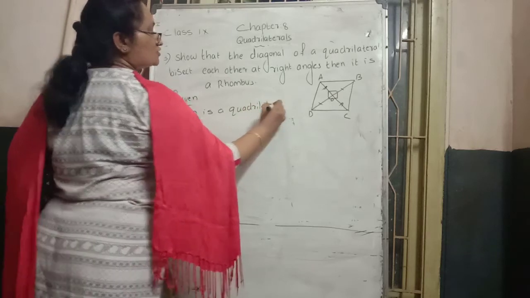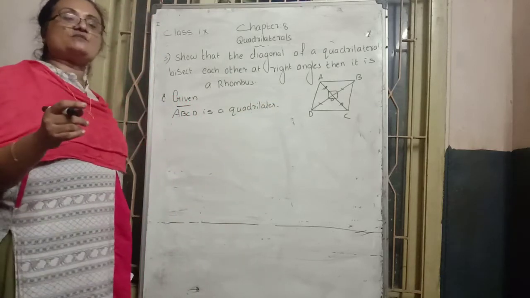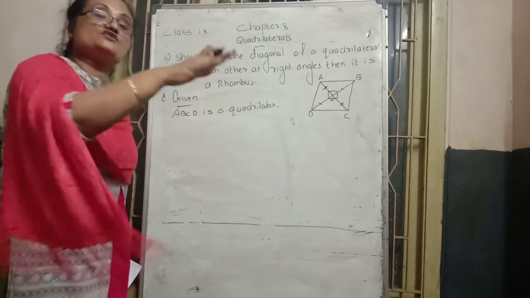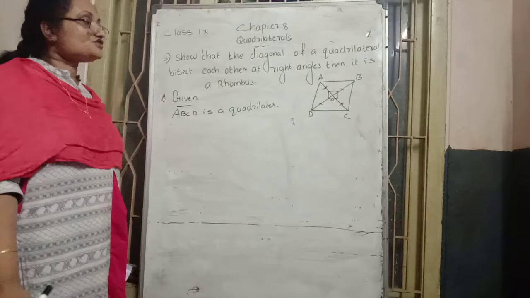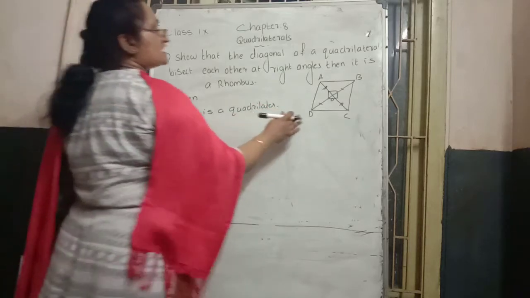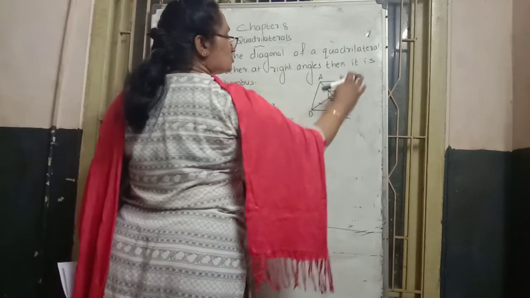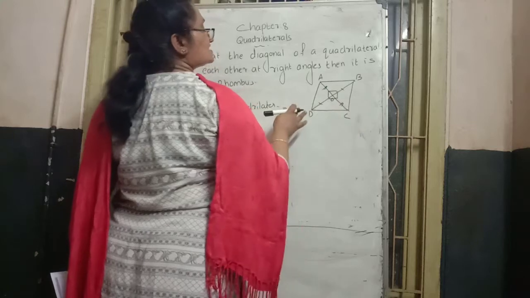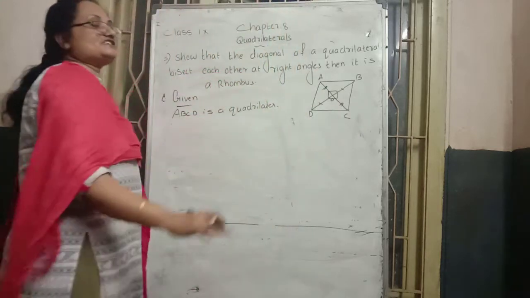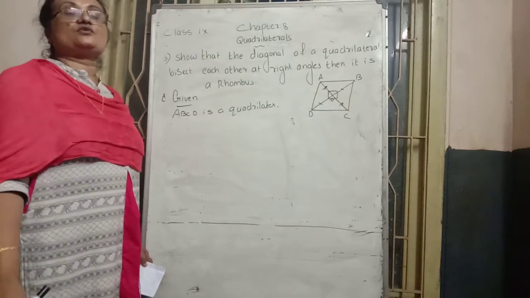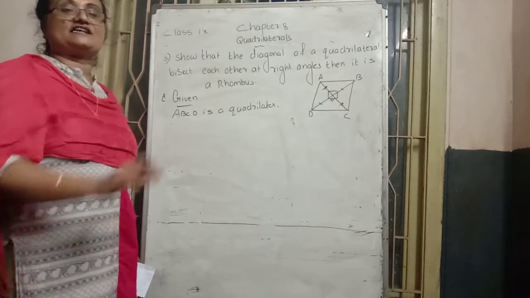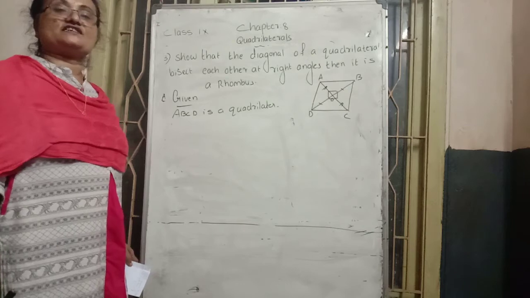To prove the specialty of a rhombus, we want to prove all sides are equal. Which are the sides? AB is equal to BC is equal to DC is equal to AD. In this way we prove that all sides are equal, then we can say the quadrilateral ABCD is a rhombus.